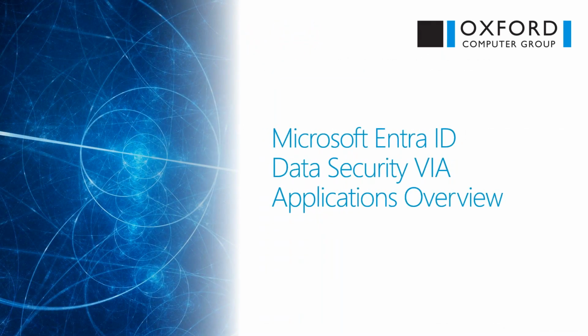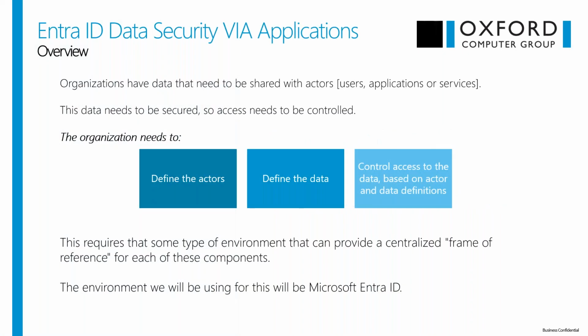So now we're going to start our modern auth overview here with Microsoft Entra ID. In the new modern era, we have to have a way to secure our digital assets. And when we do that, we have to have some kind of security platform that needs to identify who or what is trying to access the data.